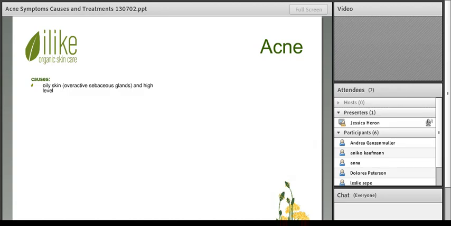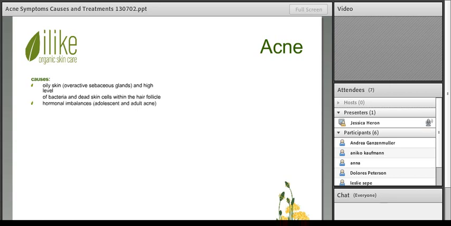Okay, so let's overview the causes, symptoms, and treatment, just in a nutshell, before we start getting into more detail. Some of the causes that we know of that can disturb the condition and cause bacteria to well up in those follicles, creating acne lesions, is oily skin.